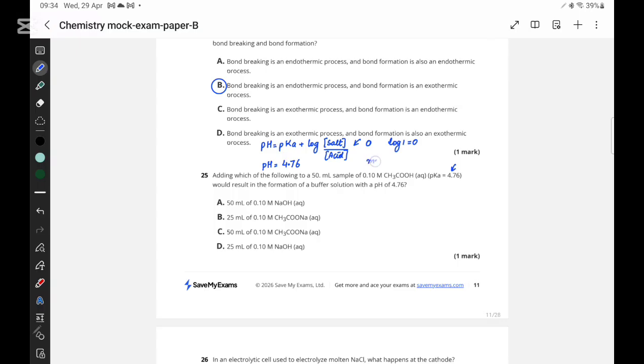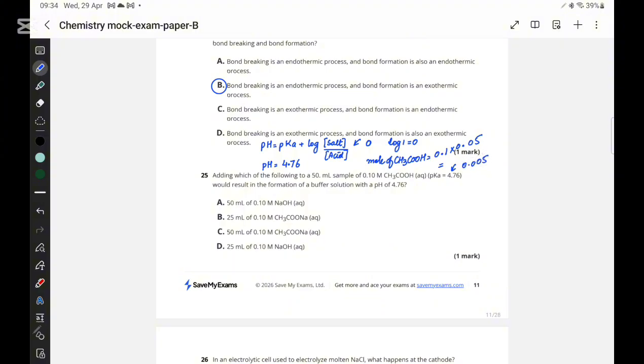First of all, moles of CH3COOH is 0.1, which is the concentration, times the volume, that is 0.05. We have to convert it into liters. That is 0.05. So it comes out to be 0.005.